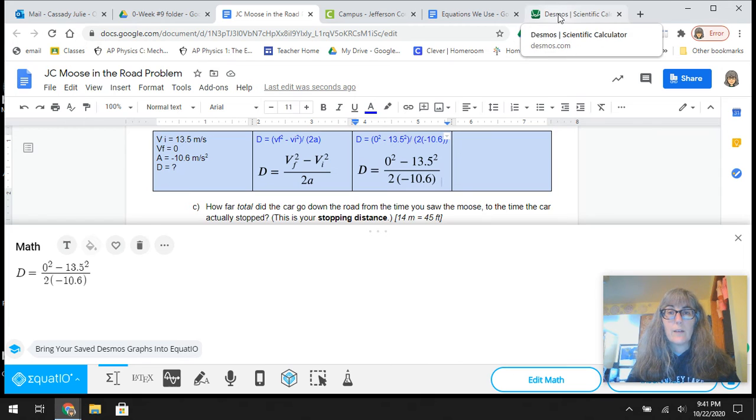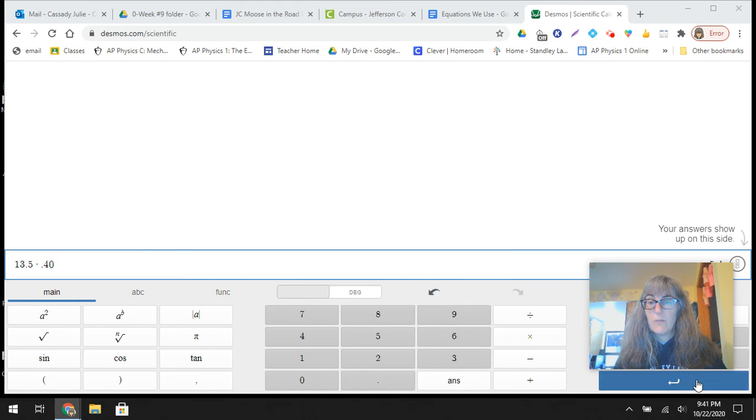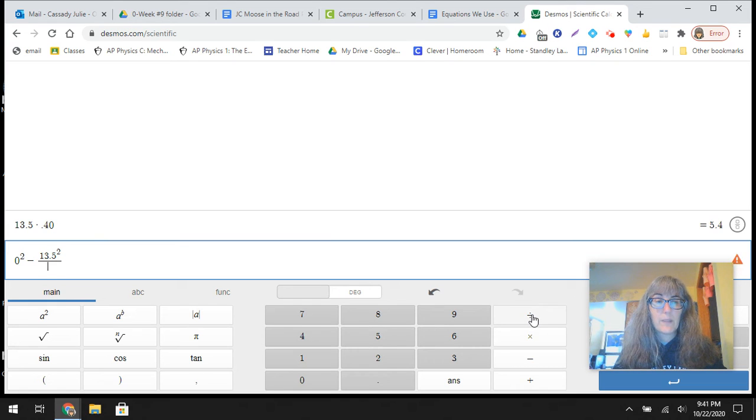So now we get into our calculator. So we've got 0. And then you don't really need to, whoops, move that. You don't really need the squared because 0 squared is going to be 0. But we'll put it in there. Then we have 13.5 squared, then divided by, and I needed parentheses there, so let's go back.